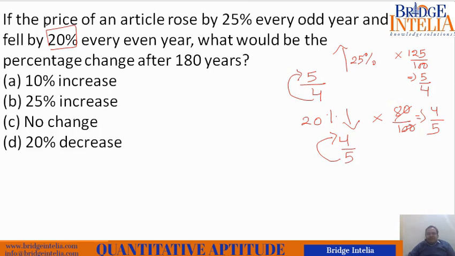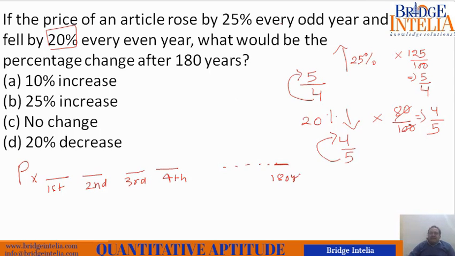So as per this question, price of an article rose by 25% every odd year and fell by 20% every even year. So let the original price be P. So first year, second year, third year, fourth year, and so on, the price keeps on fluctuating. You have to find the final price after 180 years.